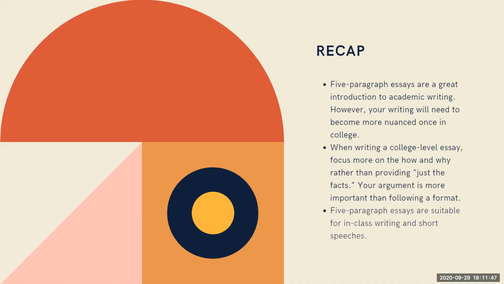So you don't want to just list facts. You want to explain to your reader why what you're arguing matters. You also want to make sure that you're using the 5-paragraph essay only for in-class writing and short speeches. But even when you do use this format, you want to make sure that you're writing a solid argument or thesis statement.